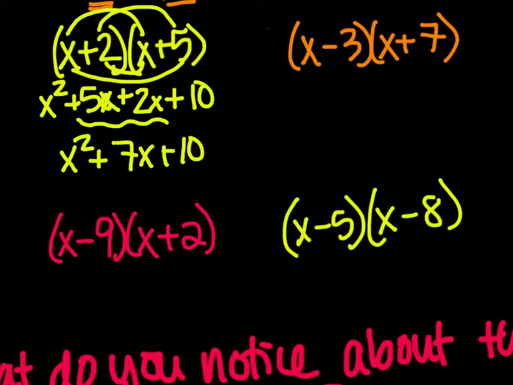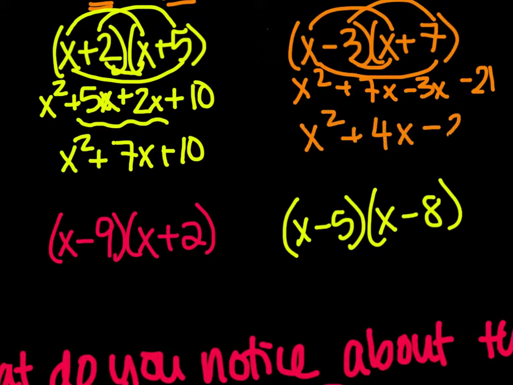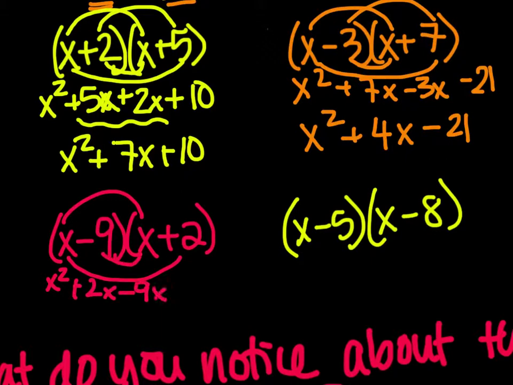And we're going to do this with every single problem. So we do x squared plus 7x minus 3x minus 21, or plus a negative, so we have x squared plus 4x minus 21. Here's our next one. X squared, x times 2 is 2x, x times the negative 9 is negative 9x, negative 9 times 2 is negative 18.